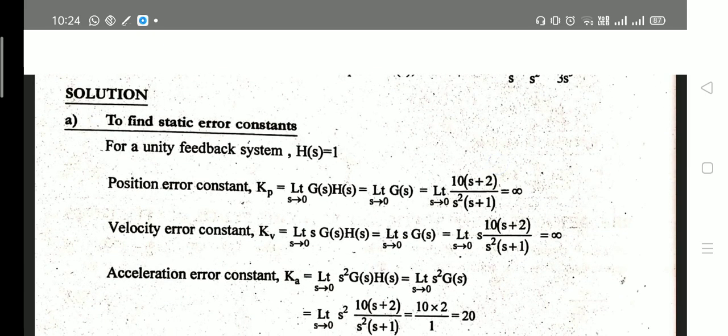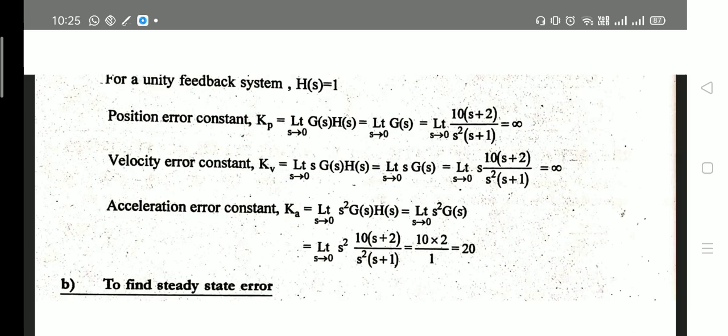Next, the velocity error constant Kv. The Kv formula is limit s tends to 0 of s into G of s into H of s. Substituting the G of s value here, s cancels, and substituting s tends to 0, 1 by 0 is also infinity. So the Kv value is also infinity.